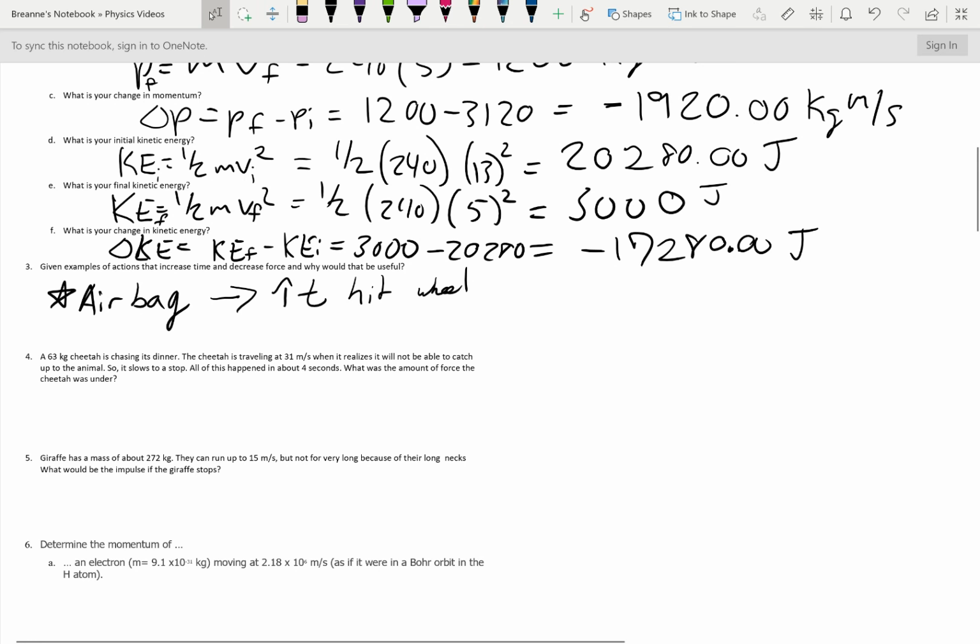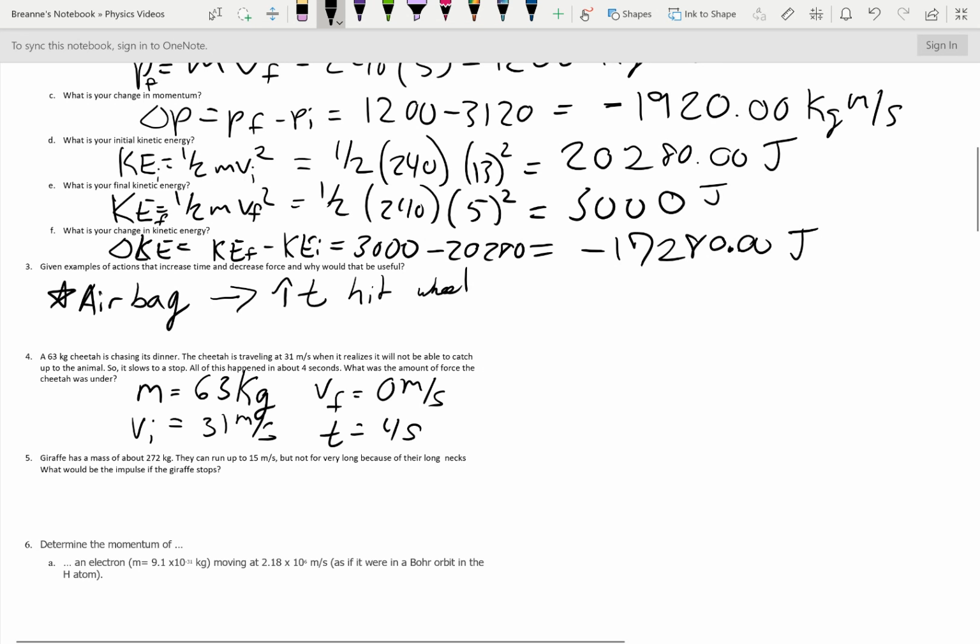So let's write down our givens. We have the mass of the cheetah. We have the initial velocity of the cheetah. It comes to a stop, so that means our final velocity is 0. And we have our time, which is 4 seconds.